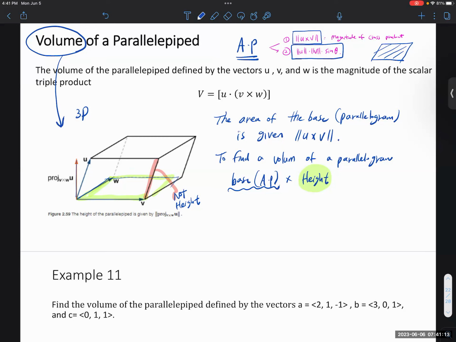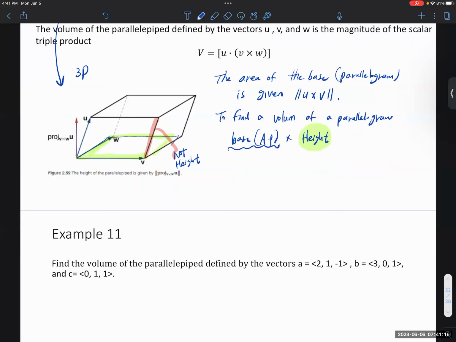Okay, so I'm going to write it. The height is going to be the projection of the U vector. You see that the height here, this is the true height. You have a U and V vector. Sorry, my bad.